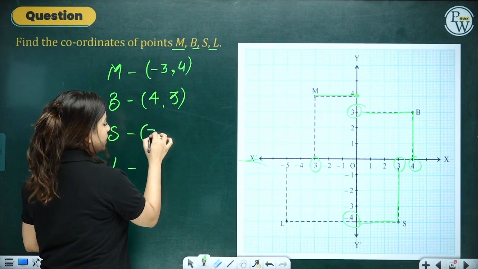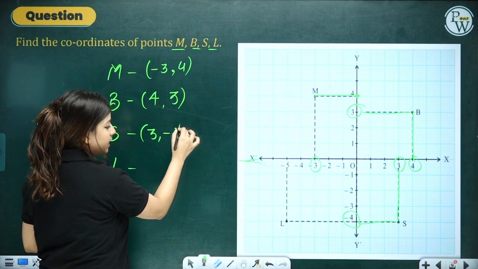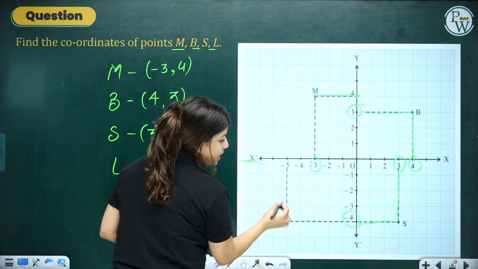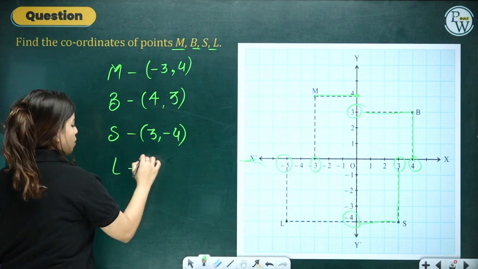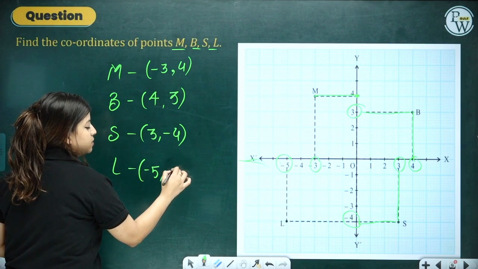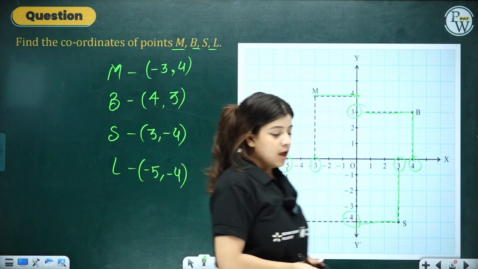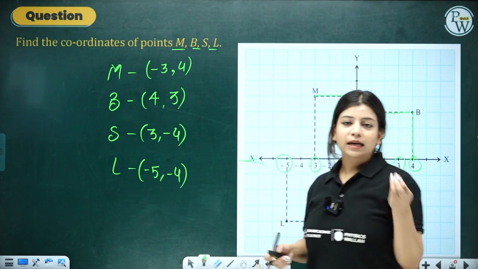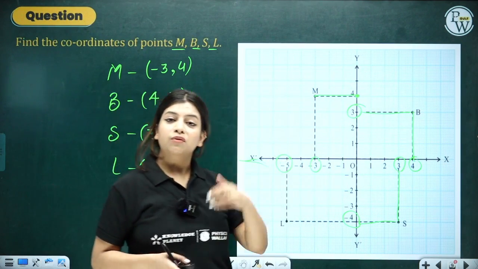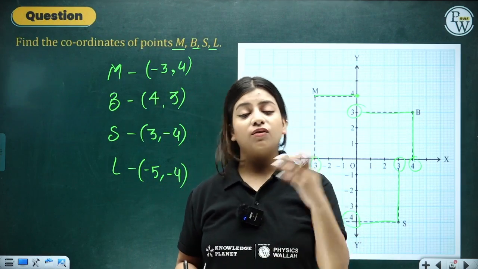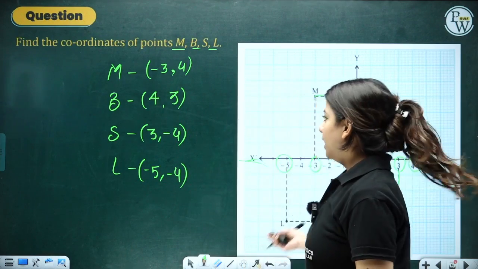So its point is 3, negative 4. And for L, students, it is minus 5 on the x and minus 4 on the y. So the point becomes minus 5 and minus 4. So this is how, for any point that is given to us on the Cartesian plane, we can simply write down the points, and also draw the points if the coordinates are provided to us, right?